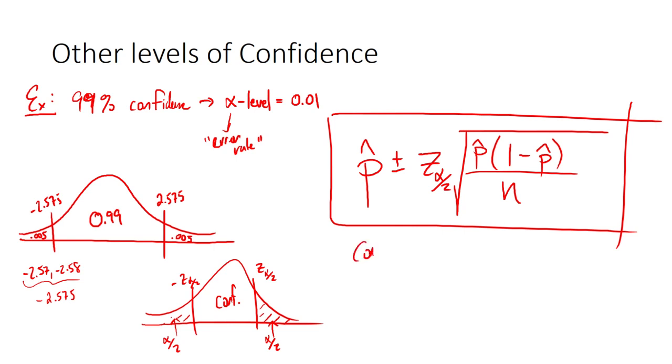The most common that you'll run into are 90% confidence, 95% confidence, and 99% confidence. So you've got your confidence level, and then the alpha level associated with that, either a 10% alpha, a 5% alpha, or a 1% alpha. Those are the most common.